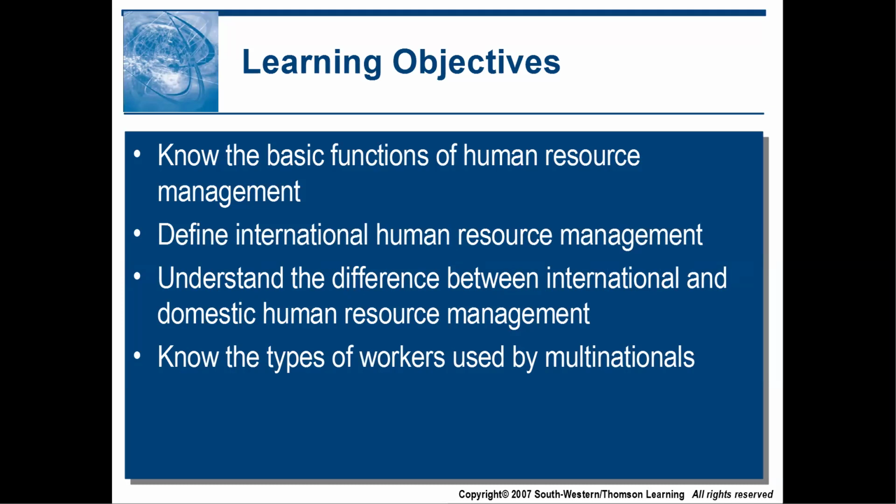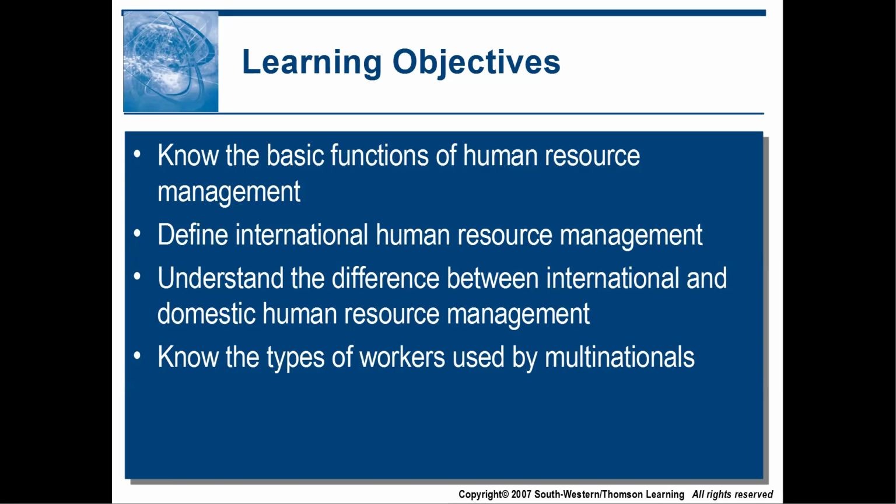When we are discussing international human resource management, we need to pay attention to 3 dimensions. One, IHRM has broad human resource activities, from recruiting to using those employees in our business activities.